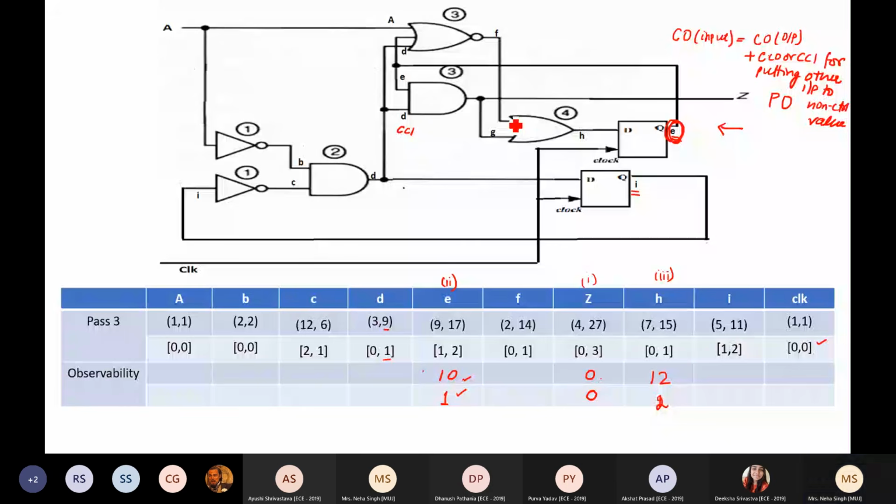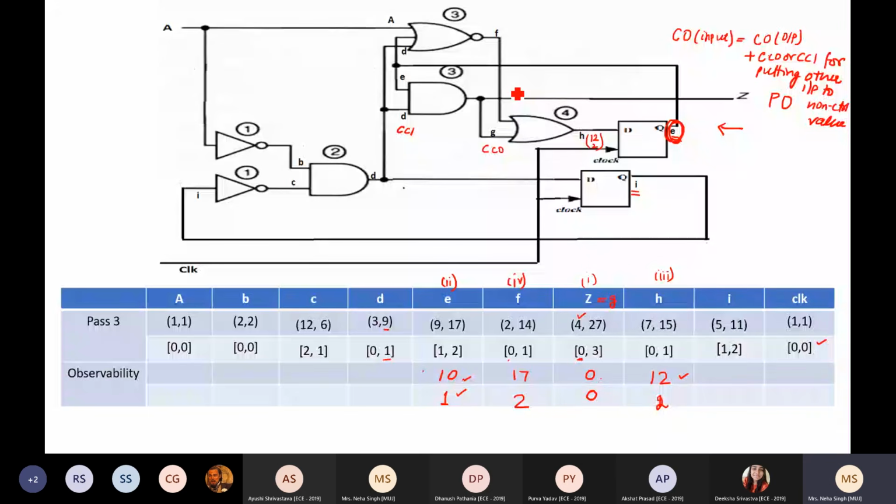So CC0 gives me 3 when I am evaluating F as the fourth variable. Observability of F, SC0 of G is 0 plus the observability of H, which is 2. So this gives me 2. So I have determined the observability at F also.